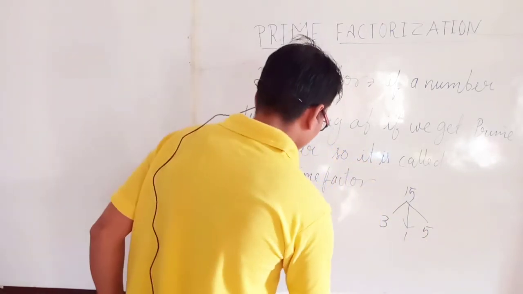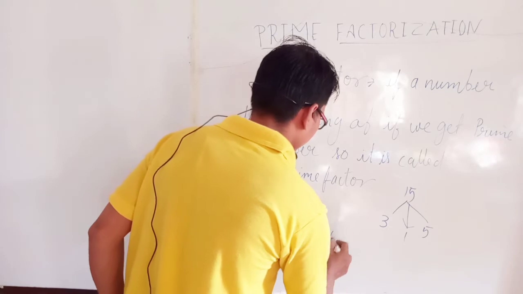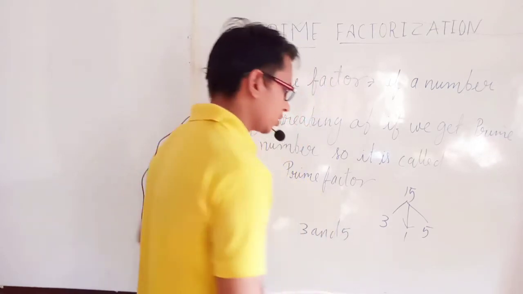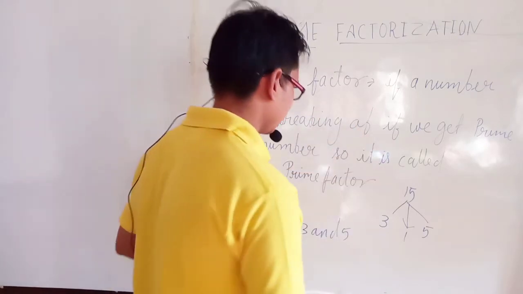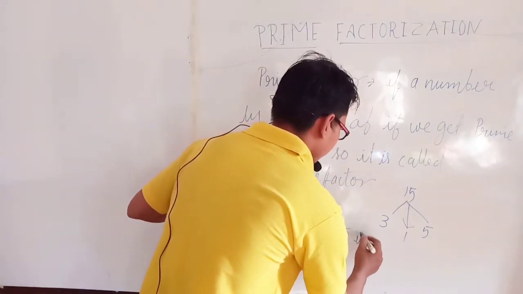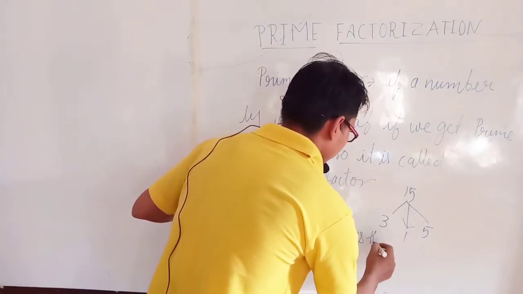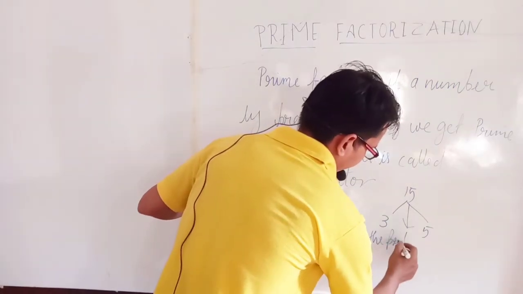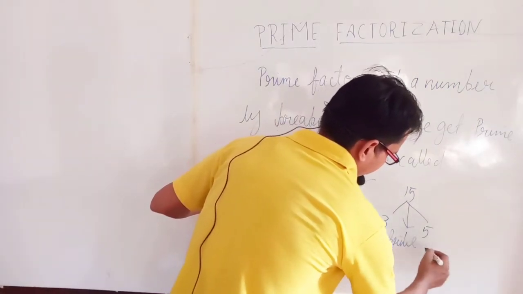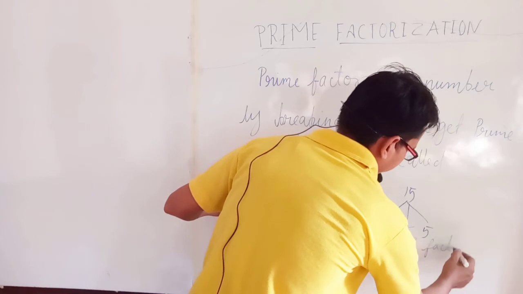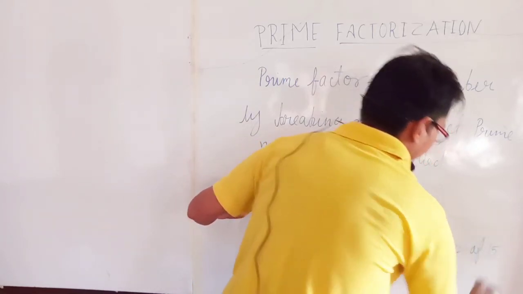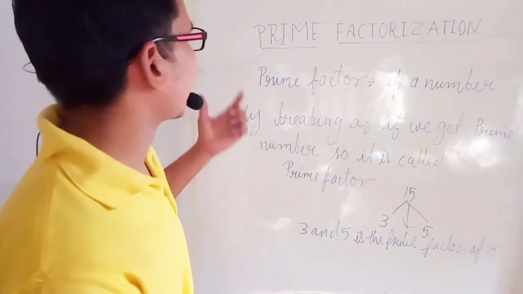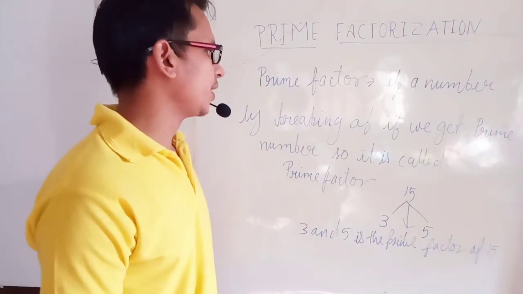So 3 and 5 are the prime factors of 15. In that way we can find the prime factors of any number.